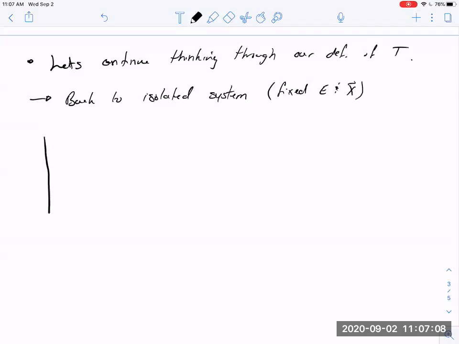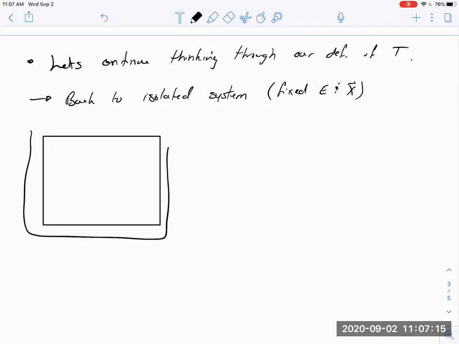All right, let's draw our little isolated system. You all now know what that looks like. It's our box wrapped in insulation. It has fixed energy and some set of mechanical variables.